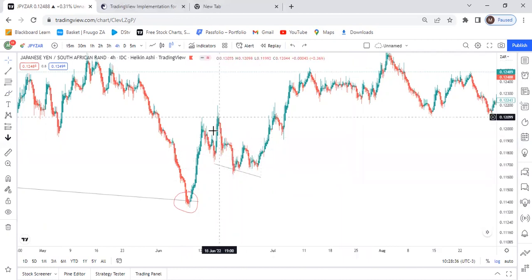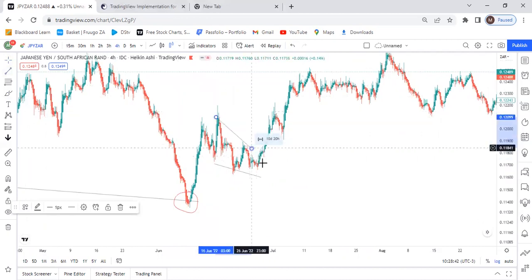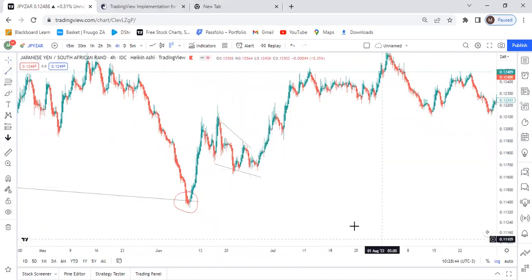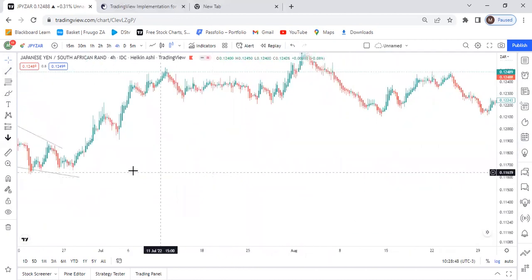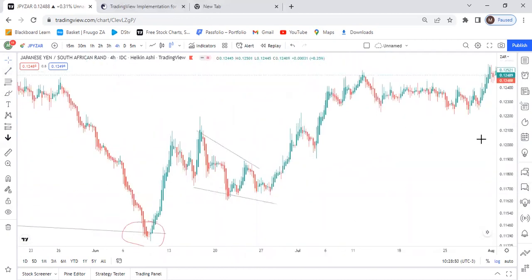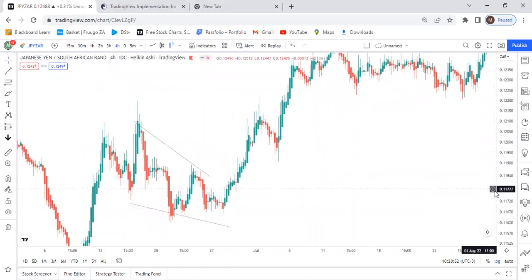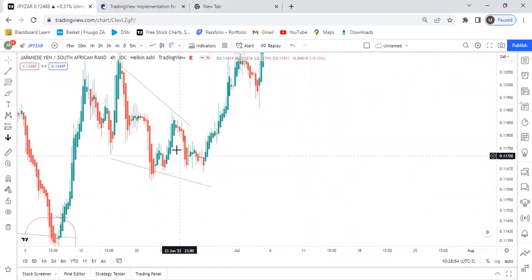So now what you need to do is you can also draw your resistance if you want, but then now if you want to spot those reversals, you can see you had a few.